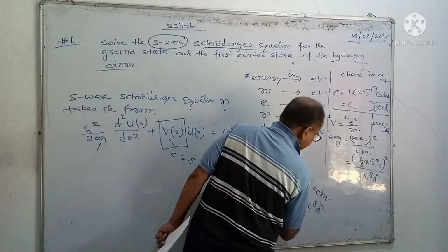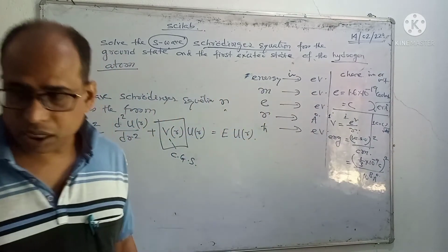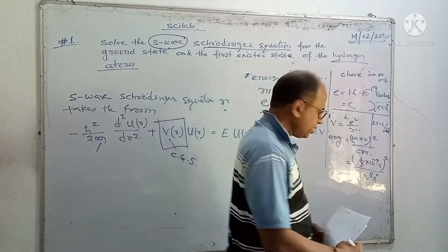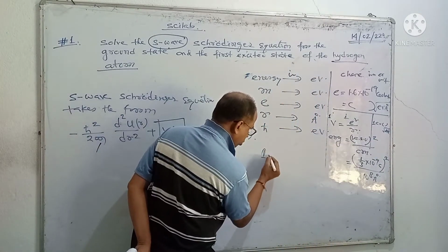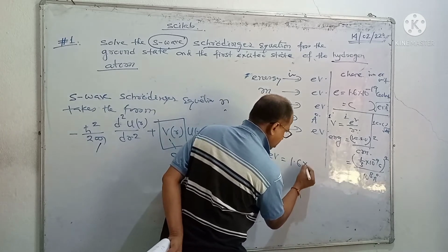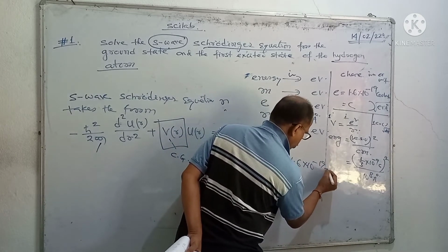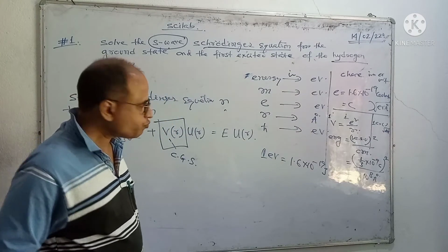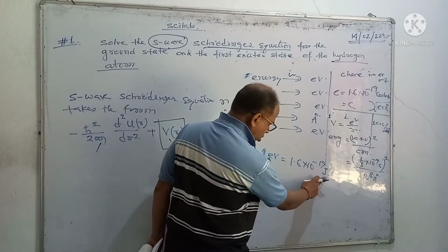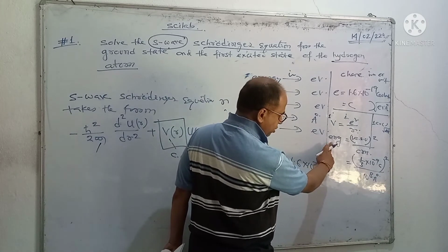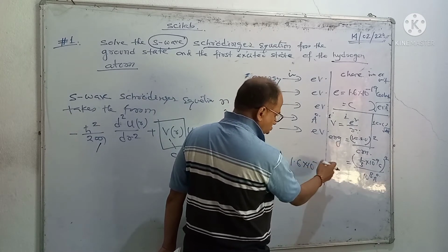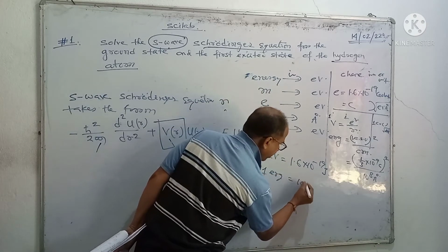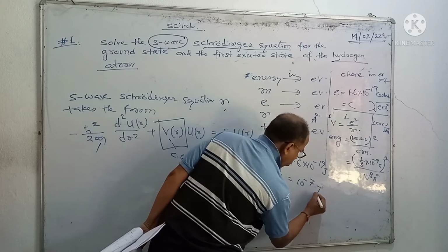Next, it is erg. Now, here it is erg. You have to go to the electron volt. Therefore, 1 electron volt is equal to 1.6 into 10 to the power minus 19 joule. Okay? Right? Now, here it is joule, but here it is erg. Therefore, first convert it in joule. We know 1 erg is equal to 10 to the power minus 7 joule.